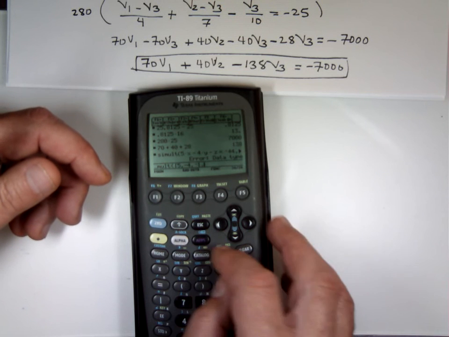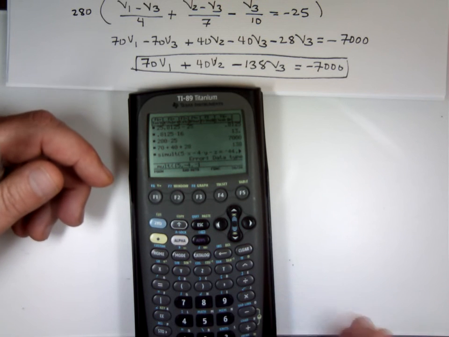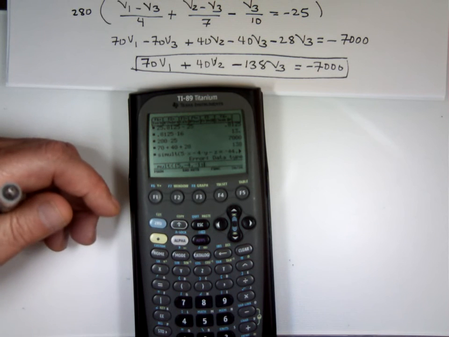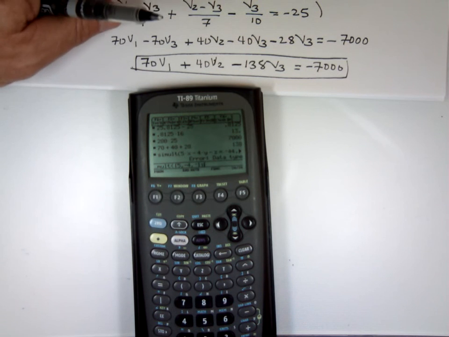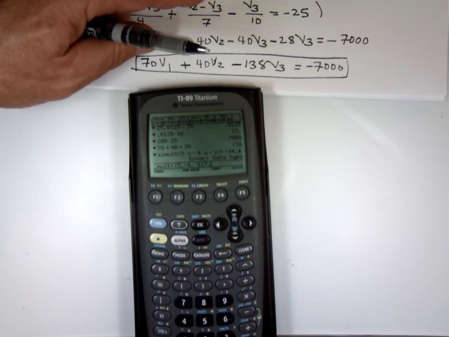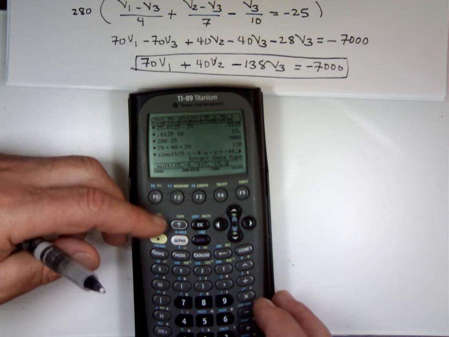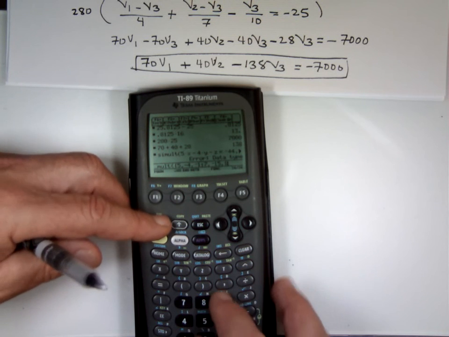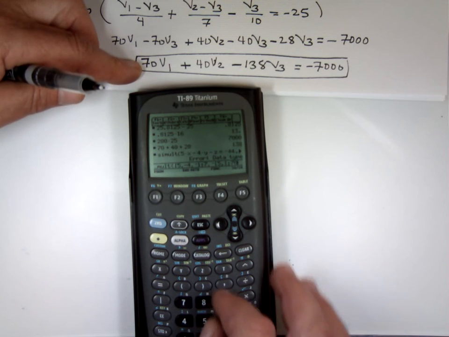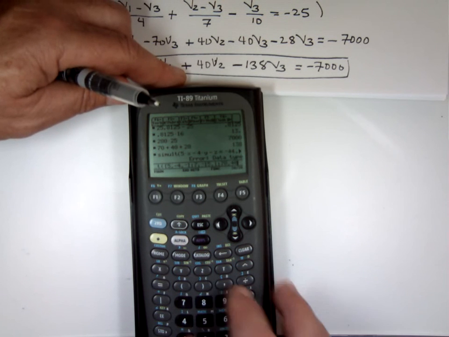I know we do that in programming. Yeah, in MATLAB, Mathematica, we do that. Then the next one is 7, comma, negative 15, comma, 1, semicolon. The last one, 70, comma, 40, comma, negative 138. Now I'm done with the last one.